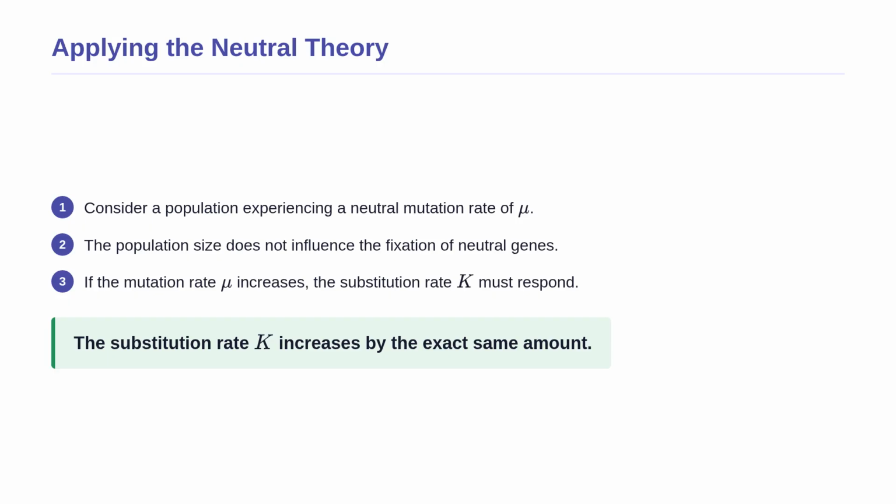Therefore, if the mutation rate mu increases due to environmental factors, the substitution rate K will increase by the exact same amount. They are directly proportional. This steady, predictable accumulation of neutral mutations is profoundly important because it forms the absolute foundation for our next major concept, which allows us to measure evolutionary time.